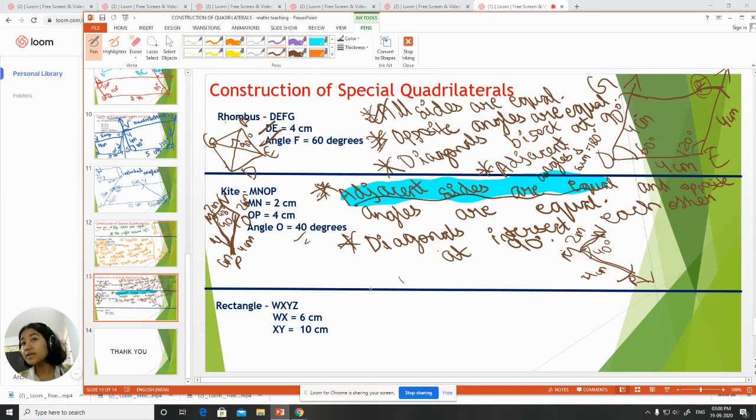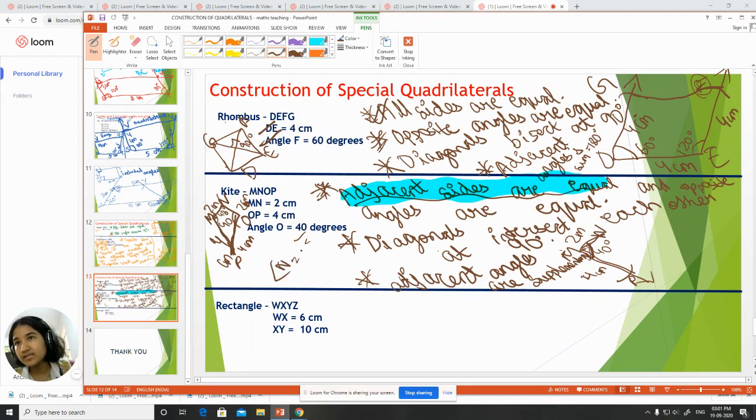One more property is that adjacent angles are supplementary in a kite. So now we know what we have constructed over here. M is 40 degrees. Then what will the measure of N be? 180 minus 40 is 140 degrees.